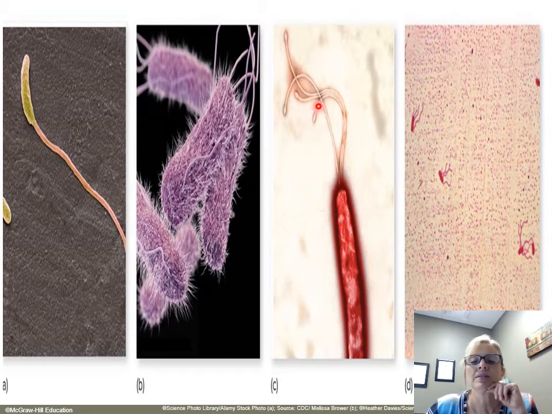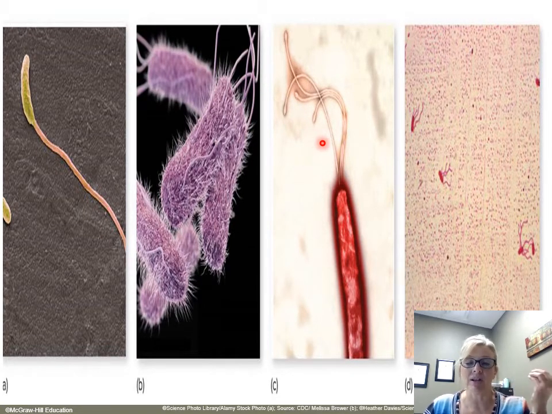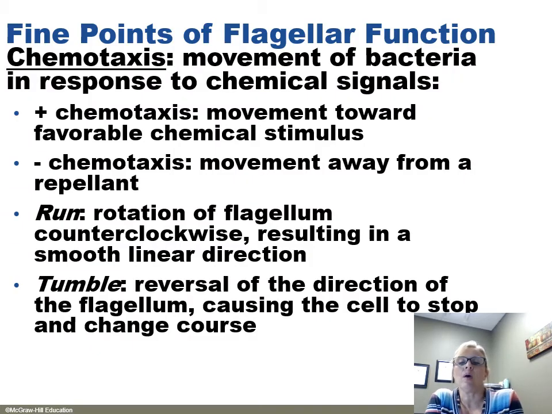And then you can see this is definitely going to be a lophotrichous, and then here's another peritrichous here as well. Okay, this is more like what you would see if you had a rather large specimen that stained well. And we do have some special dyes that work better for things like flagella and allow us to see them better.